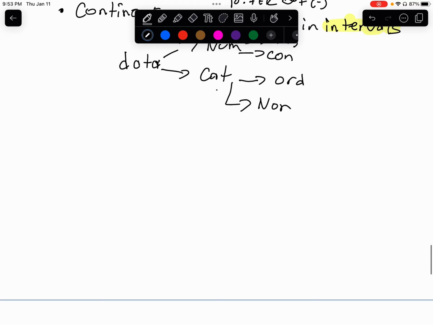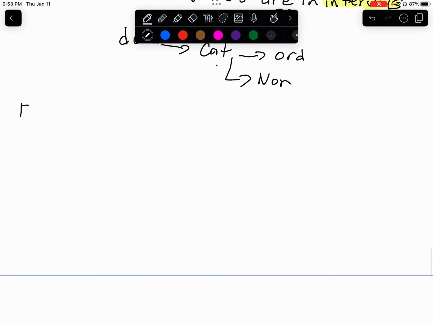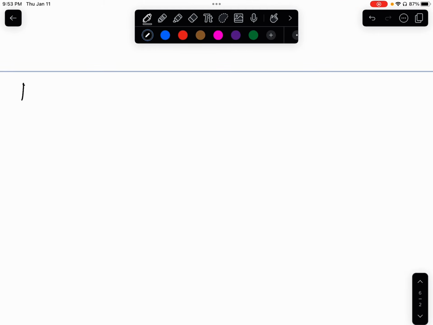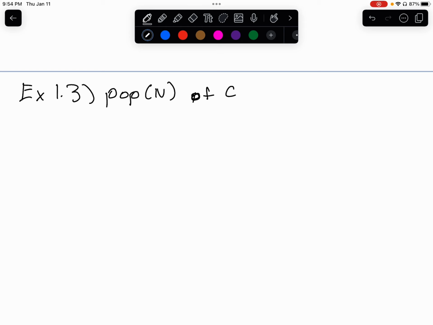So now our example we're going to use, actually I'm going to go on the next page just so we have space. 1.3. So we go back to that population that we did before. So let's say population of Canada, kids 9 to 10.